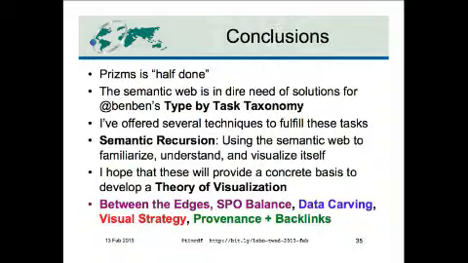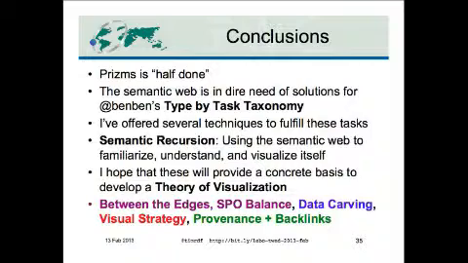And I think with that, I'd like to conclude. Prizms is half done. I talked about all of the concrete widgets that we've thrown together. I've tried to contextualize where I see myself going with this work, situated within the type by task taxonomy proposed by Ben Shneiderman. And I think that the semantic web is in dire need of fulfilling those tasks that the visualization community established more than 20 years ago.